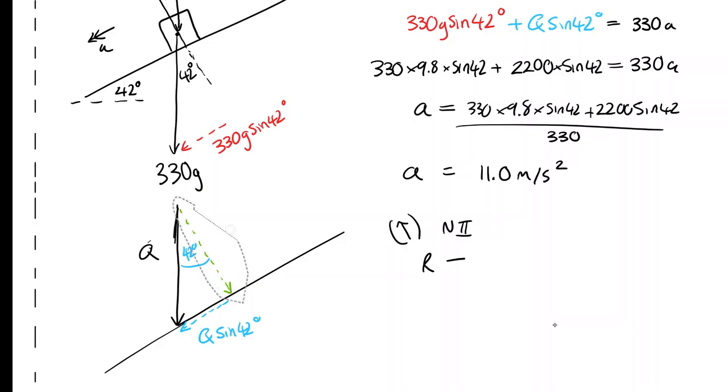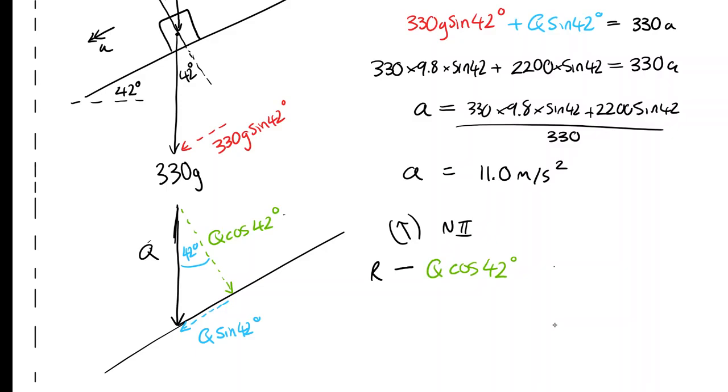If we steal that component and place that against the arrow here, you can see it points down and into the surface, whereas the direction we're resolving in is up and out of the surface, so it will be negative. So we've got minus, and then we need to work out what that component is. It's the adjacent in the triangle there, so it's q cos 42 degrees. So minus q cos 42 degrees.